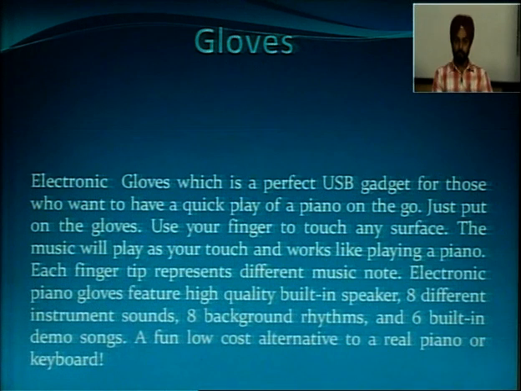Electronic piano globes feature a high quality built-in speaker and 8 different instrument sounds, 8 background rhythms and 6 built-in demo songs, a fun low cost alternative to a real piano or keyboard. Basically when you are using the globes, you just touch on the piano.